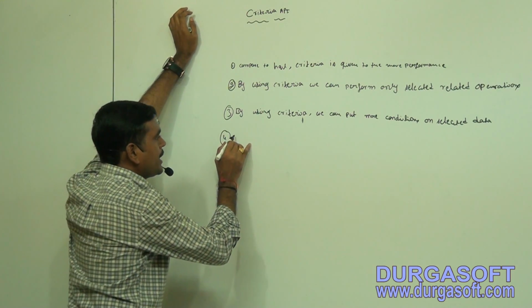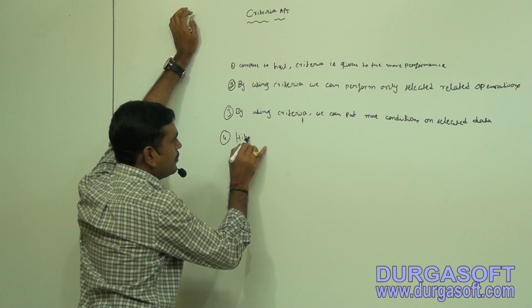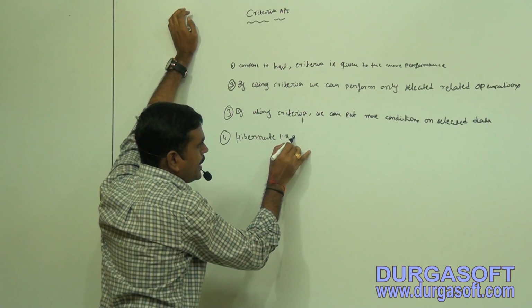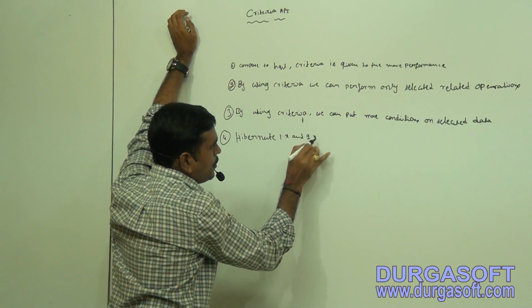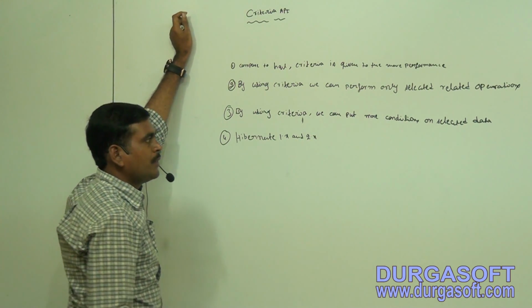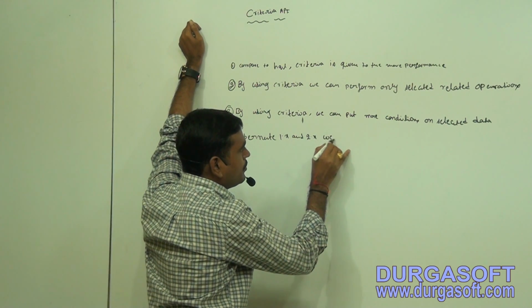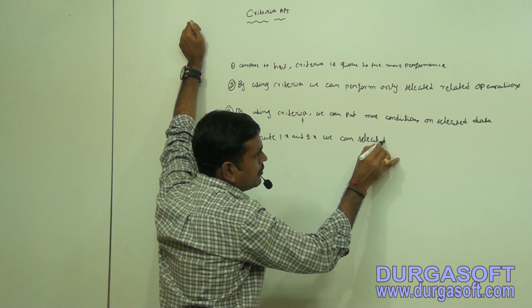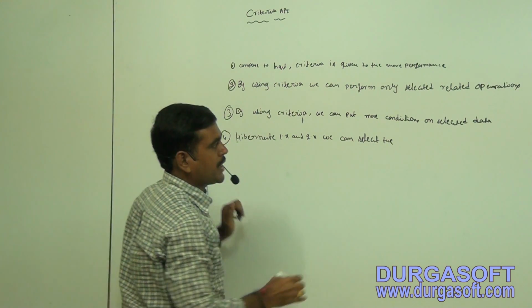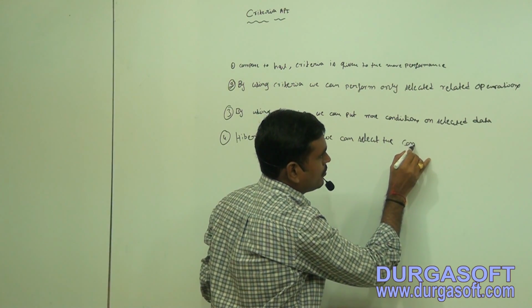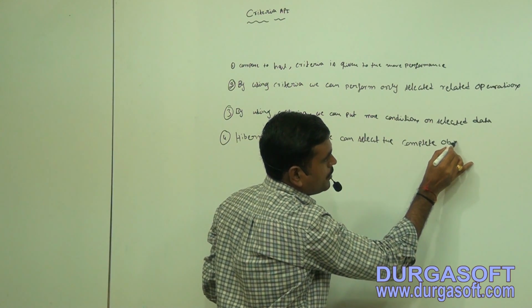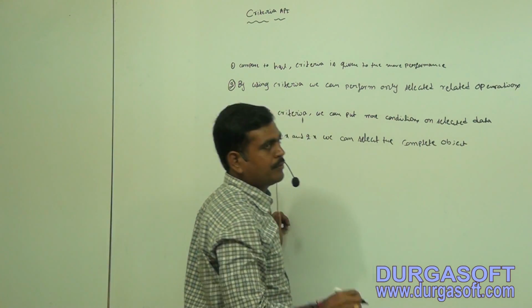In Hibernate 1.x and 2.x, we can select the complete object, that means the complete row.